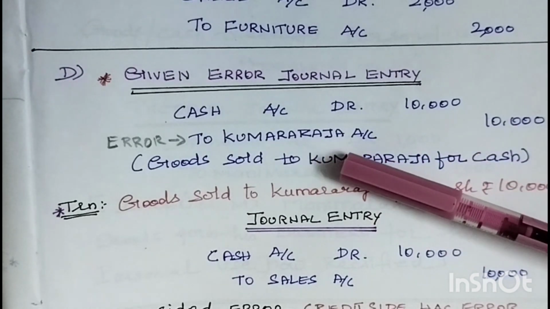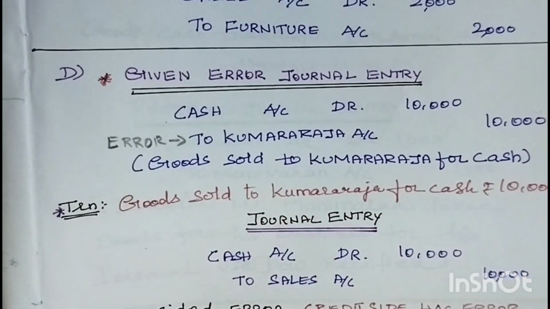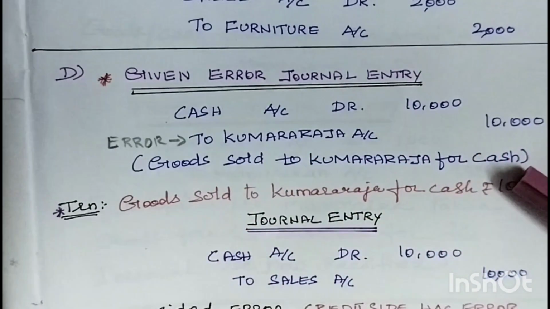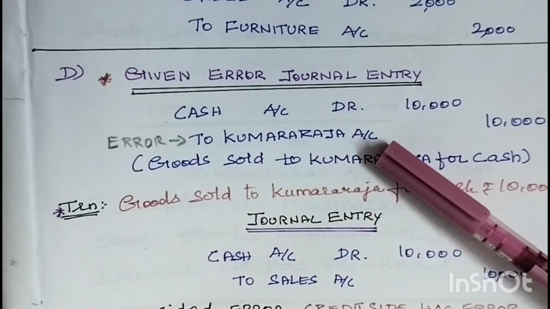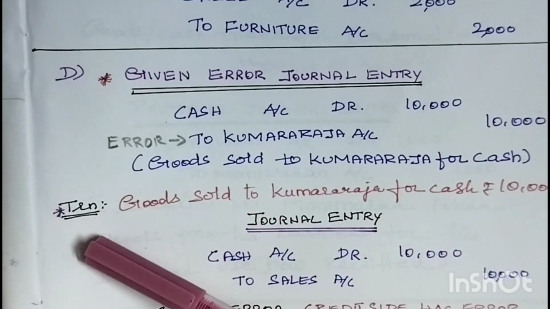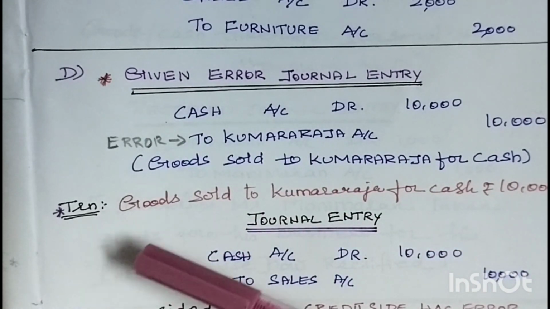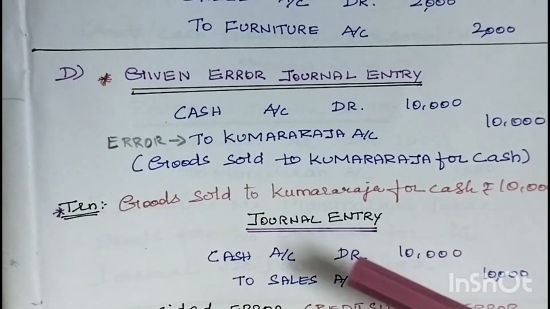From the narration only we can find out the error. What is the narration? Goods sold for cash to Kumara Raja. We can take this narration as the transaction: goods sold for cash to Kumara Raja, 10,000 rupees.